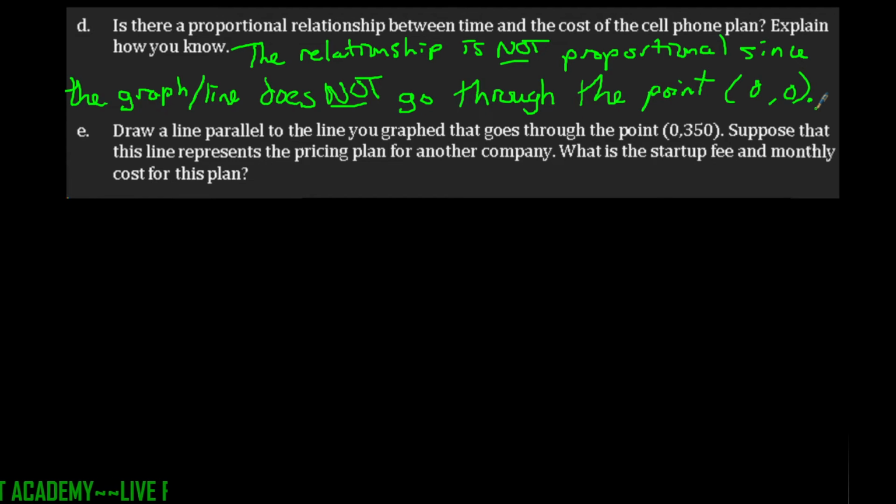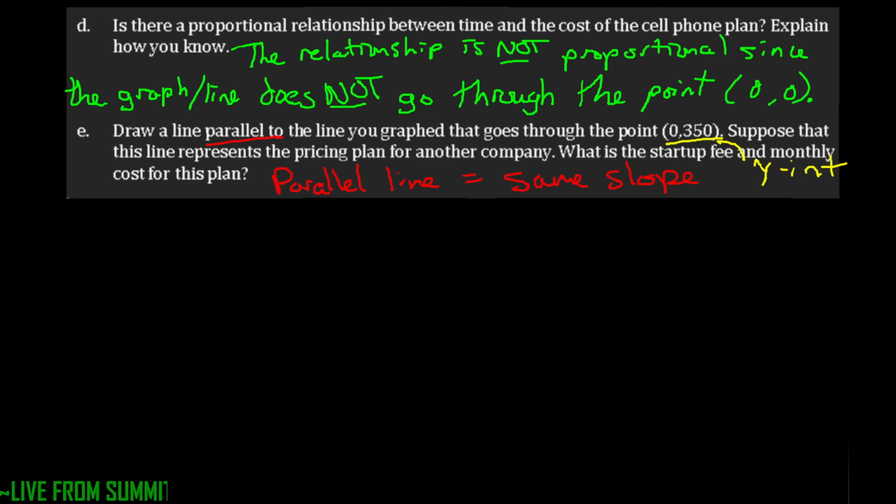And so since I know it is parallel, let me do it in red. Since I know it's parallel, that means parallel line means same slope. And so what I can do is I can use my y-intercept, so this is our y-intercept, to be able to come up with the equation.